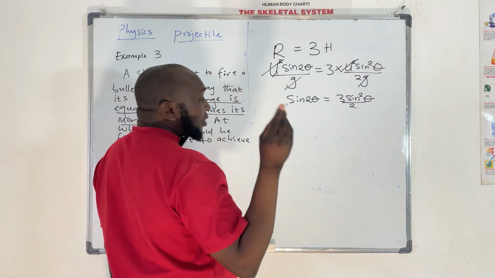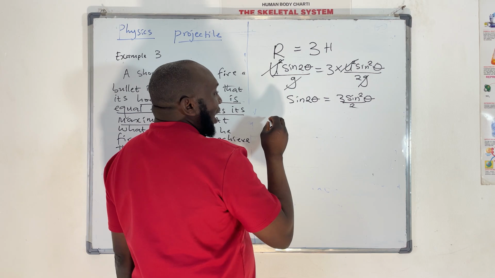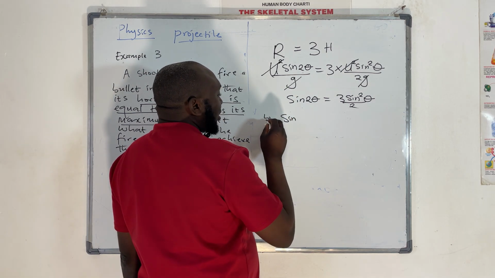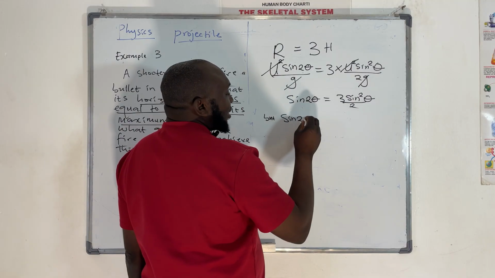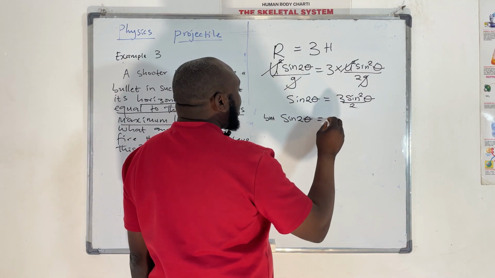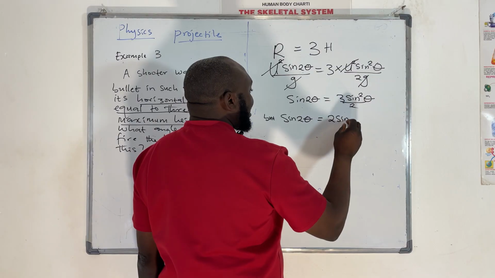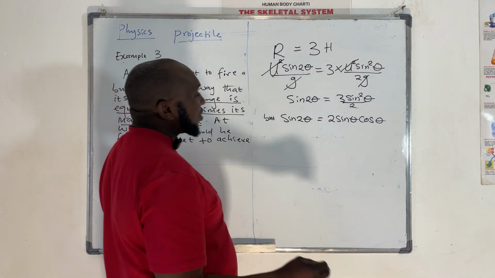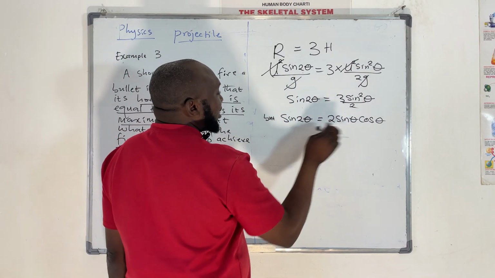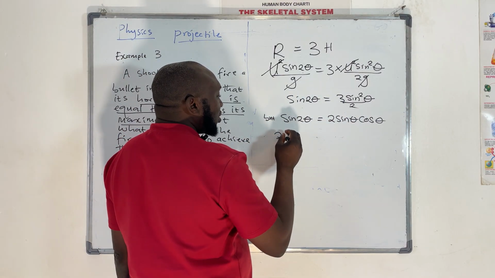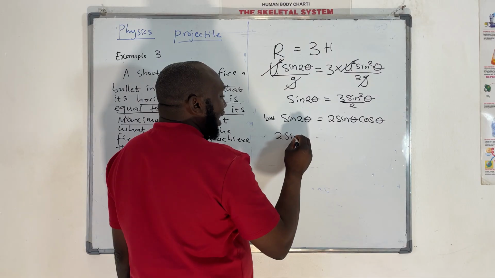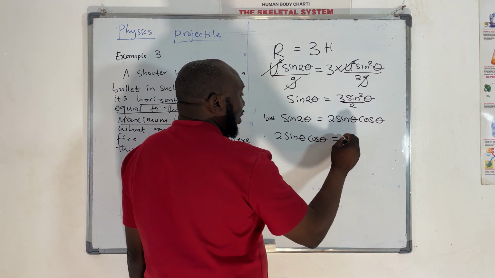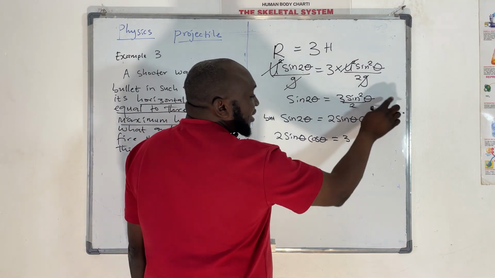But from that same previous video, I told you that sine 2 theta is equal to 2 sine theta cos theta. If you replace this with this, we have 2 sine theta cos theta equal to 3 sine squared theta over 2.